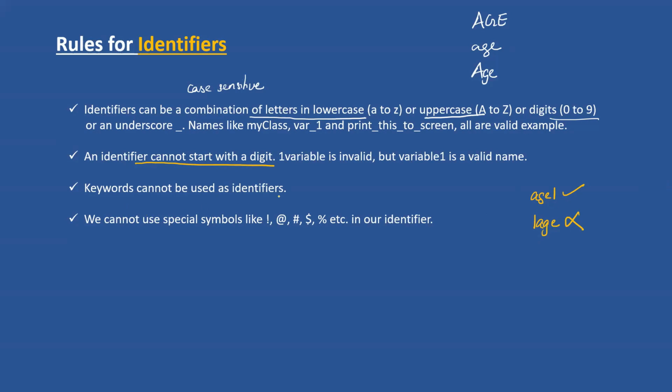Now, keywords cannot be used as identifiers. Now, what are keywords? We will discuss. Keywords in the sense are reserved words. For example, when we open our normal English dictionary, there are a lot of words, right? For example, the word rule. That word has a certain meaning, right? If you convert that word to any other language also, the same meaning is conveyed.